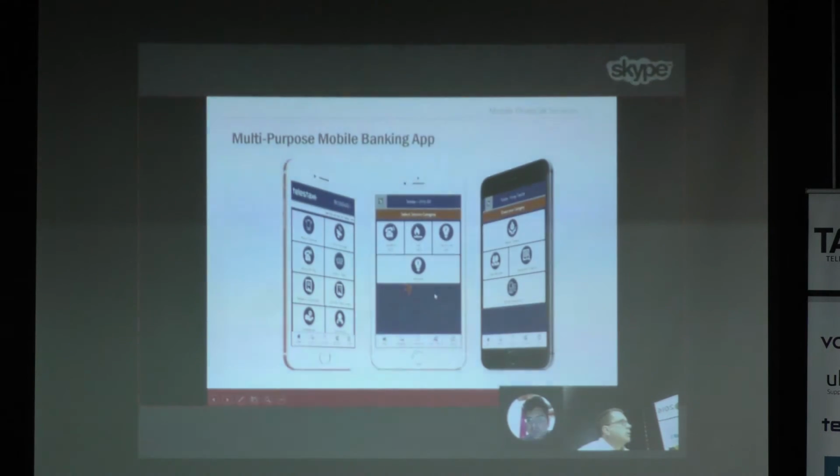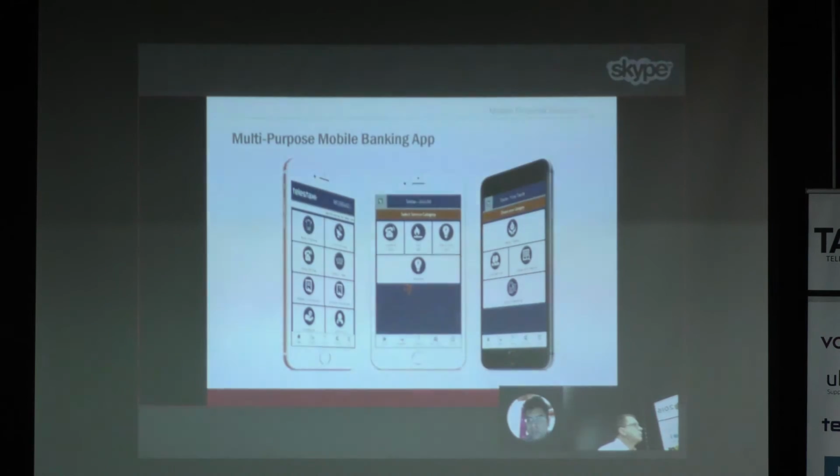This is one of our mock-ups from a mobile banking solution that we're launching in Latin America, and it's available for you to look at in the market from Google.